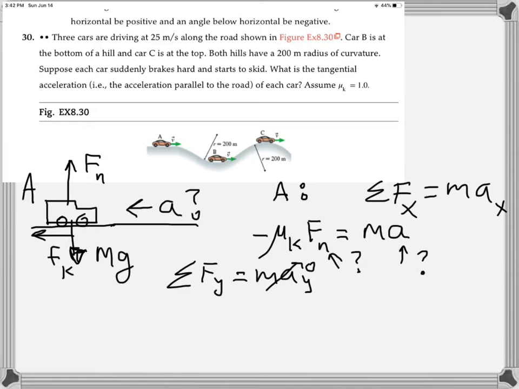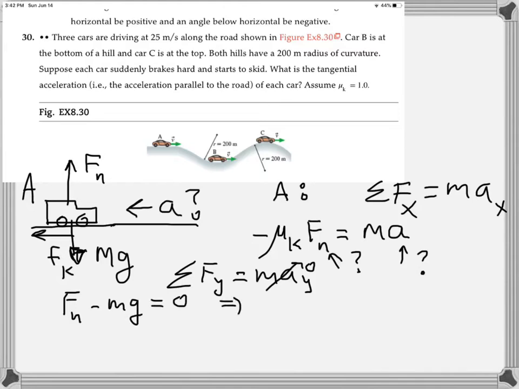If it was accelerating vertically, and given that the road doesn't curve, then the car would lose contact with the ground. The car would take off, or the car would be digging into the ground. But that's not the case for A. A is moving in a straight line following the road, so there is no acceleration perpendicular to the road. So the sum of the forces in the y direction is 0.